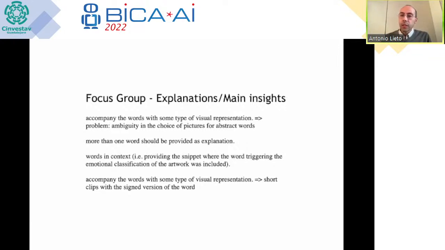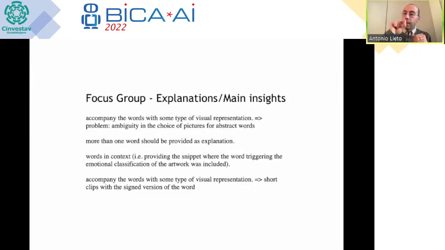Another suggestion was to associate some kind of visual representation to the words, but here there has been a lot of debate within the group of deaf people. First, within the Italian deaf community there are different levels of knowledge of the sign language.